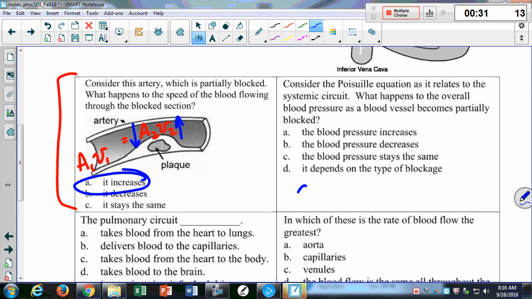So this is our Poiseuille equation: pi r to the 4 times delta P divided by 8 eta L. What happens to the overall blood pressure as the blood vessel becomes partially blocked? Just a few more seconds. I'll stop at 54.